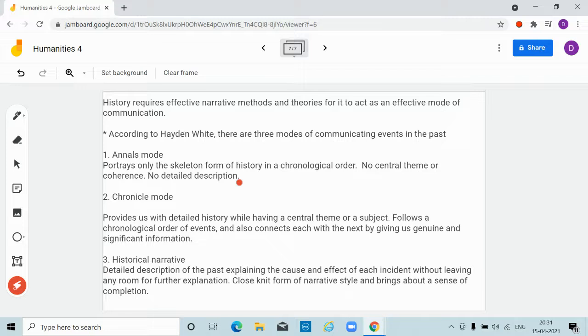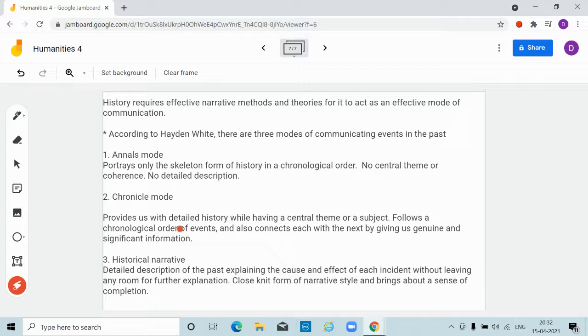Now, coming to the second mode, which is the chronicle mode. Now, what does it do? It provides us with detailed history while having a central theme or a subject, follows a chronological order of events, and it also connects each with the next by giving us genuine and significant information. Now, in this particular mode, you are given the events in a chronological order, all right, but the details are also given.